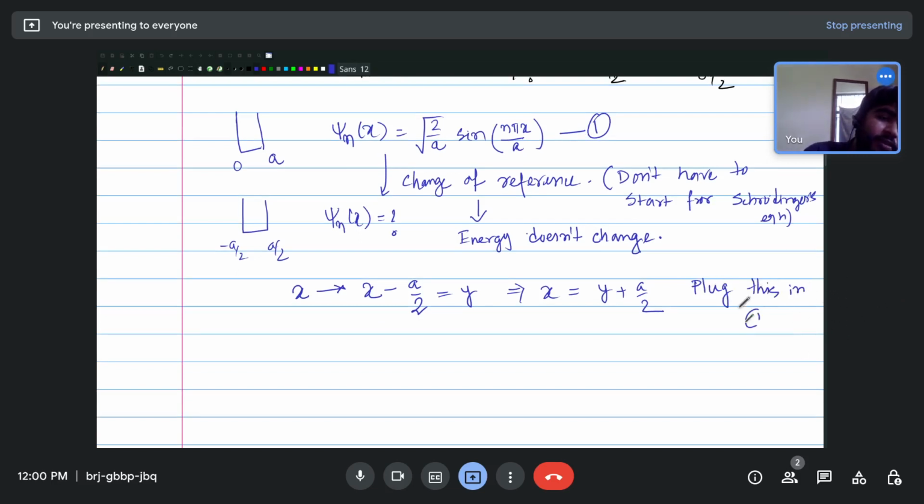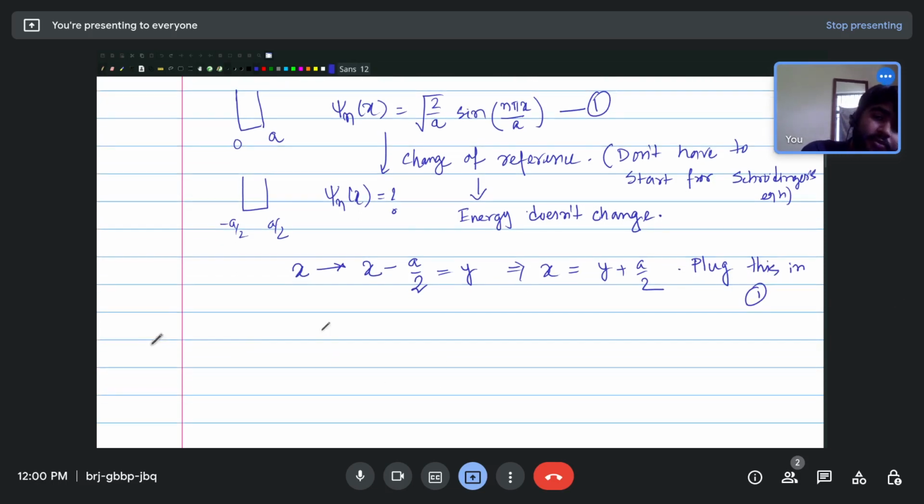Plugging this in 1, what we will get is psi n of x is square root of 2 by a times sine of n pi x by a. Let me write it as a function of y: sine of n pi y by a plus n pi by 2.